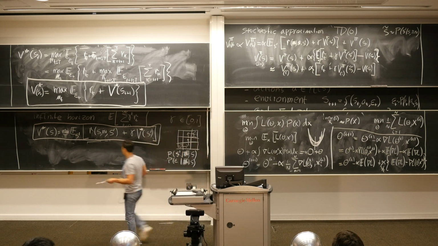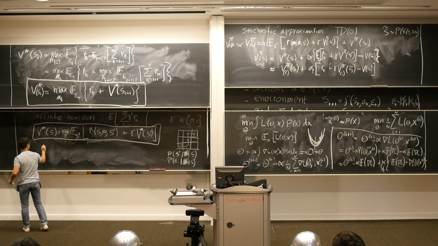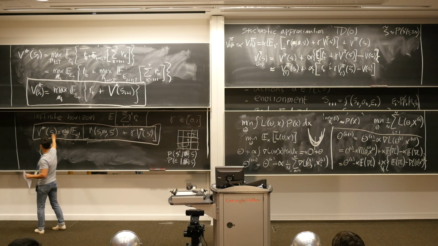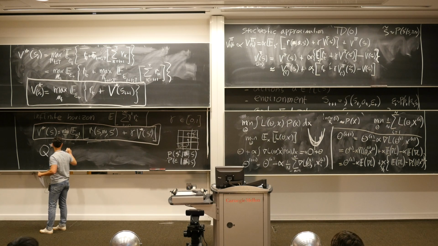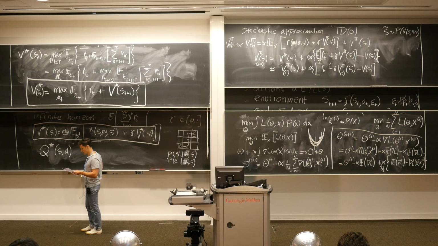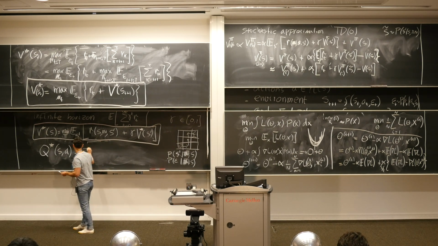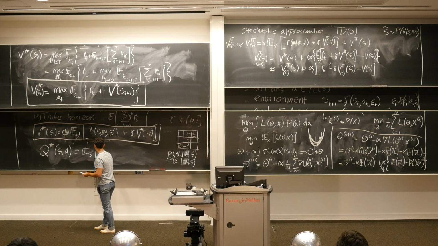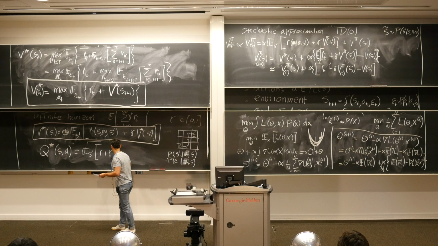It's 3 lines to the right, but you can also define, just like I did for S, a function over S and A, assuming that I start at state S and I start at action A. And that likewise would have been the expectation over S prime of R plus gamma. And then I would have been able to distribute this action inside.